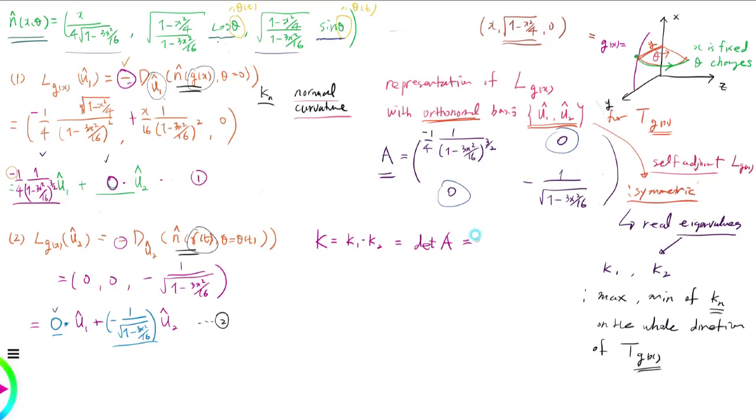So by taking the determinant of this matrix, we get 1/4 times 1 over 1 minus 3x squared over 16 and its square. So this is our first main result.